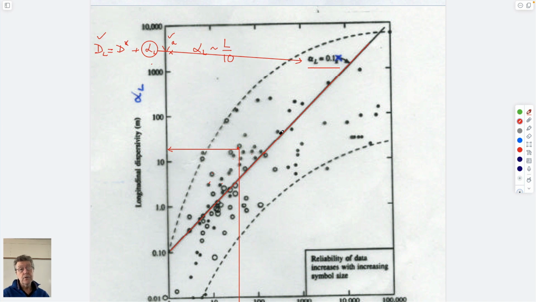Two caveats, I suppose. One caveat is that there's a big spread on this. If you look at the range of these values, either by looking at this span here, or just across for a single site, you might have a single value of, say, 70 here, but it spans one order of magnitude, two orders of magnitude, probably three orders of magnitude.